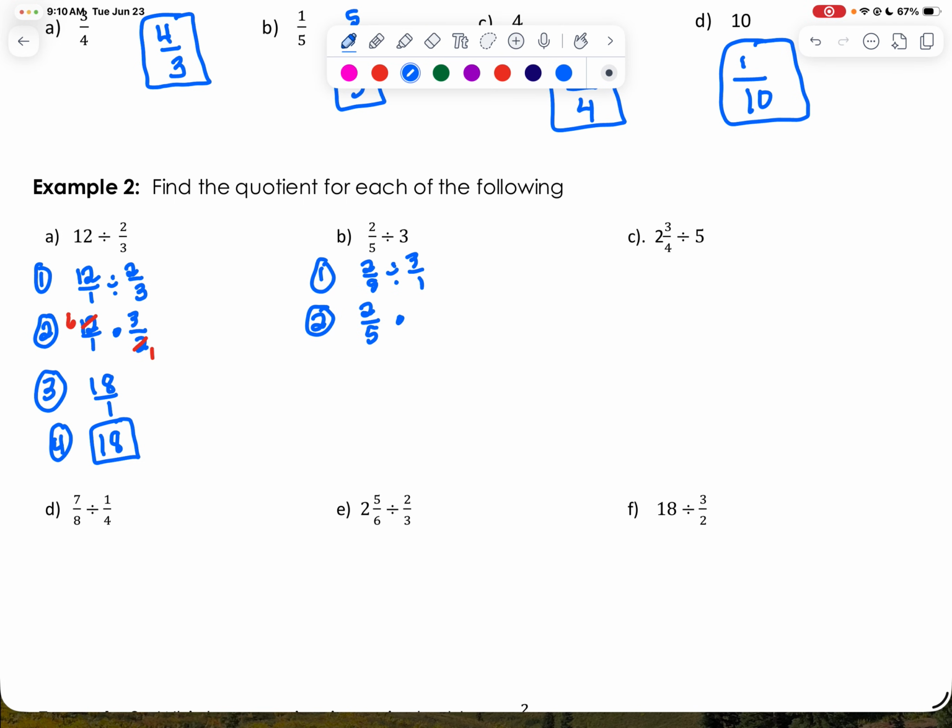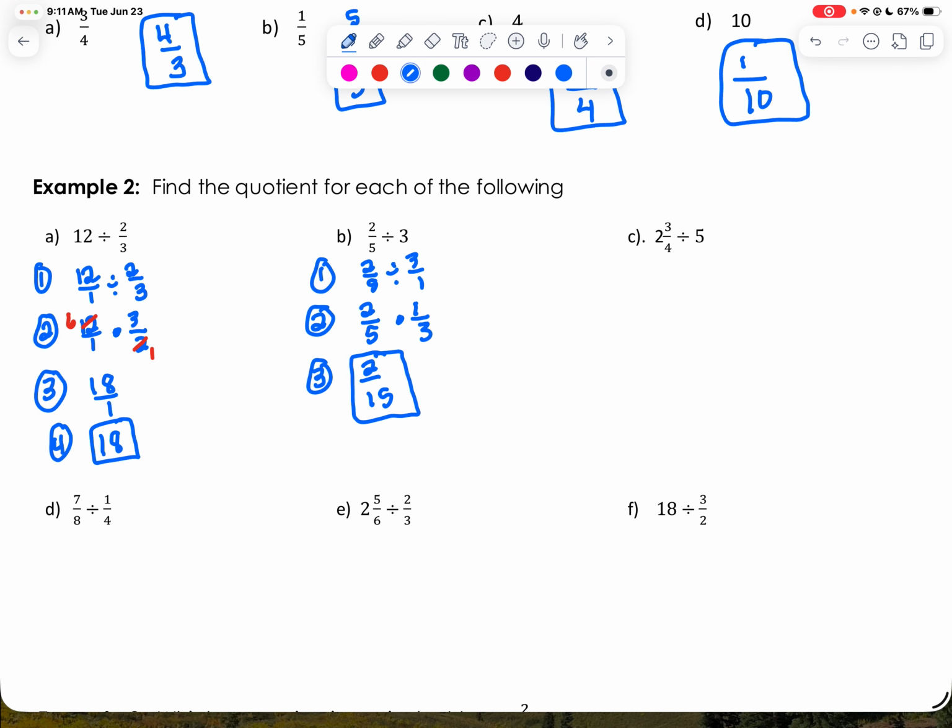Change the divide to multiply. Change the 3 over 1 to 1 over 3. Step 3, multiply as normal. So 2 times 1 is 2. 5 times 3 is 15. So 2/15 will not simplify. So in this case, our answer is just 2/15.